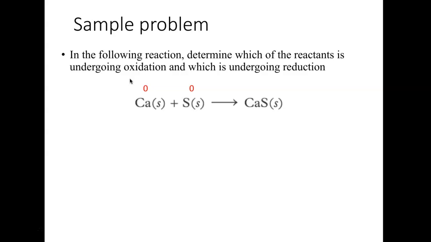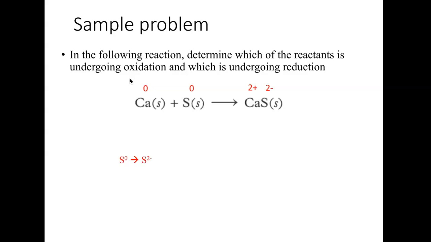They become charged. Now, calcium, if you look at your periodic table, is a group 2 element, so it has 2 valence electrons that it loses, so it has a 2+ charge when it's an ion, and sulfur is over in group 6, and it's going to gain 2 electrons and have a 2- charge. So we know that looking at our periodic table. So first thing I want to do is identify the thing that gets reduced, the one whose charge goes down over the course of the reaction.